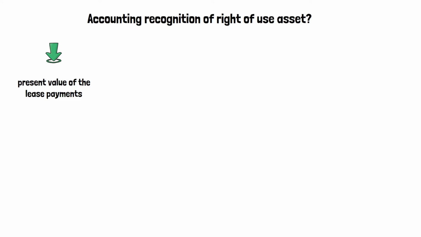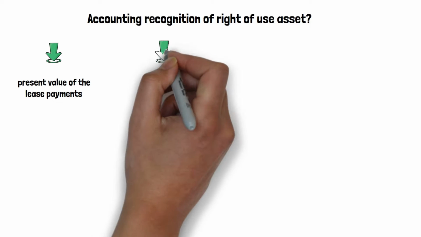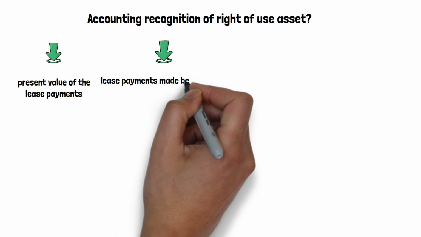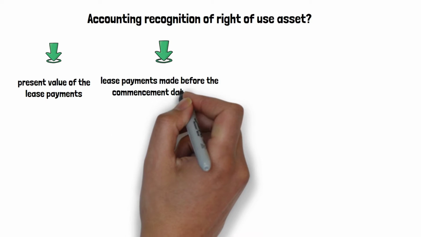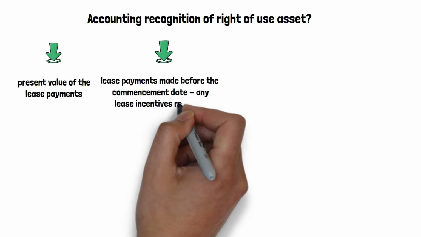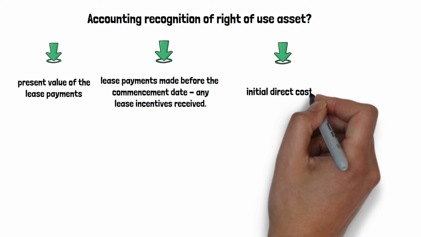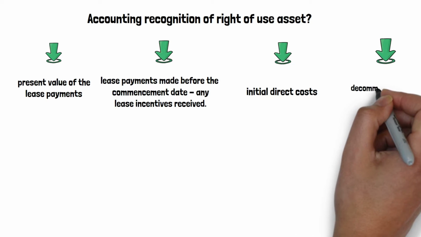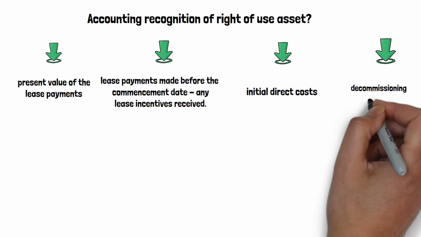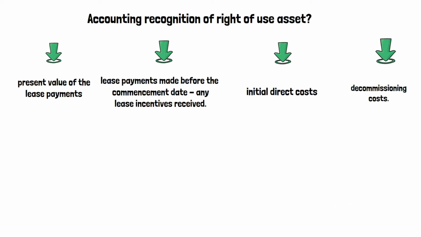That is, the present value of the lease payments, as we will see in an example later. Any lease payments made before the commencement date, less any lease incentives received. Any initial direct costs incurred by the lessee. And decommissioning costs. If you are not familiar with the concept of decommissioning costs, in the video description you can find a practical example.